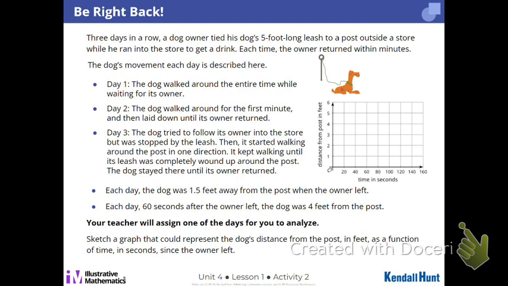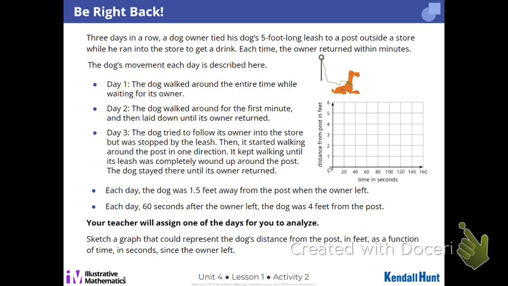And day 3, tried to follow the owner into the store but stopped, then started walking around the post in one direction until its leash was completely wound up. Then it stayed there until the owner returned. Each day, this is important, the dog was 1.5 feet away from the post when the owner left. And each day at 60 seconds after the owner left, the dog was 4 feet from the post.